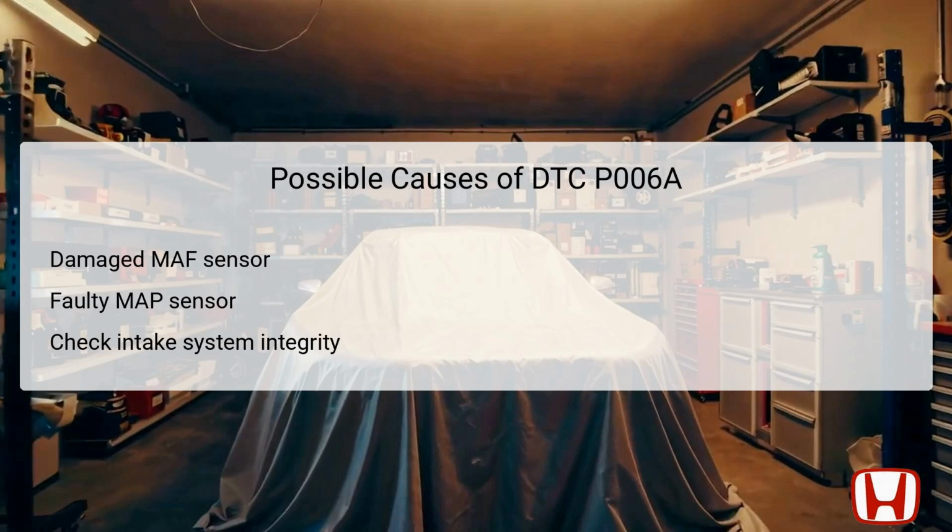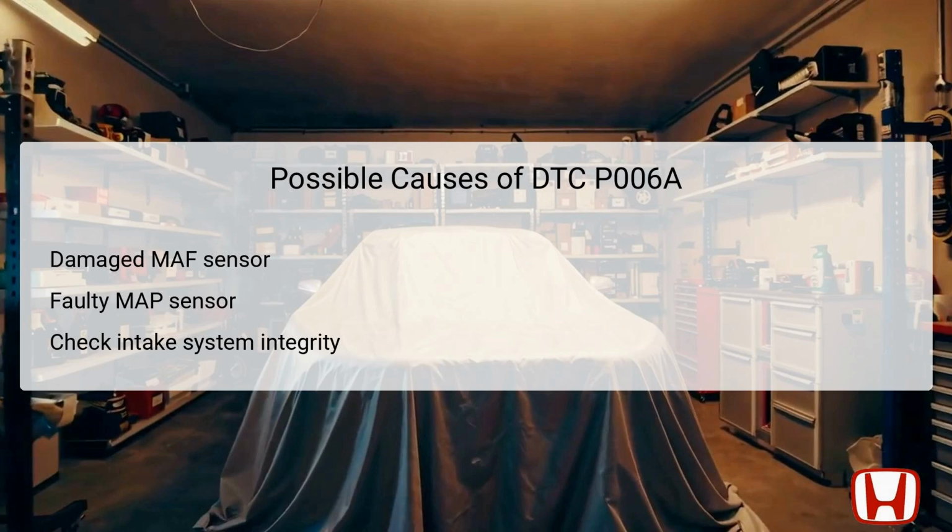One possibility is a damaged or malfunctioning mass airflow MAF sensor itself, which might provide incorrect readings due to wear or electrical faults. Another potential cause could be a faulty manifold absolute pressure MAP sensor. If this sensor fails, it will provide erroneous readings to the PCM about the air intake.